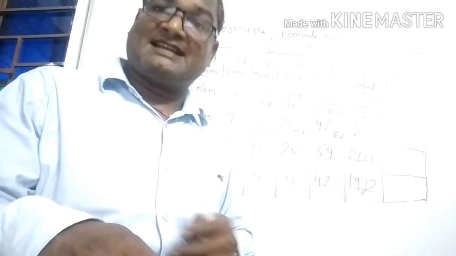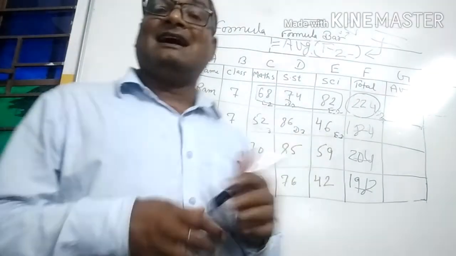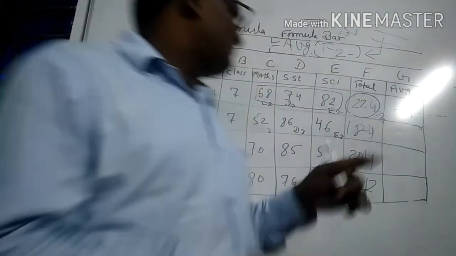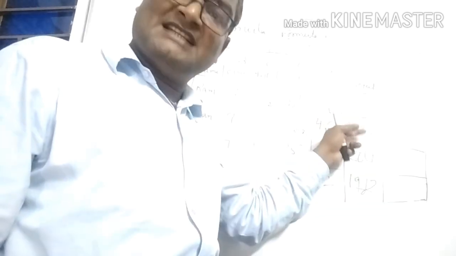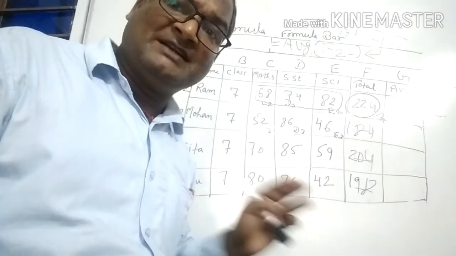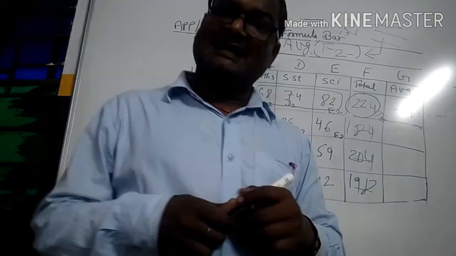And one more thing, when you drag from the corner, we are copying the formula. By the help of copying the formula, it will add. So in this way we can do the arithmetical operation in MS Excel.